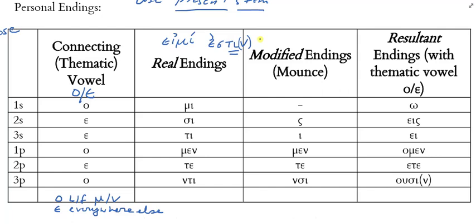I understand what happens with the tau and the sigma here, but going back to the first singular, is there a pattern? There was actually, so there's basically two conjugation patterns that we find in Greek.